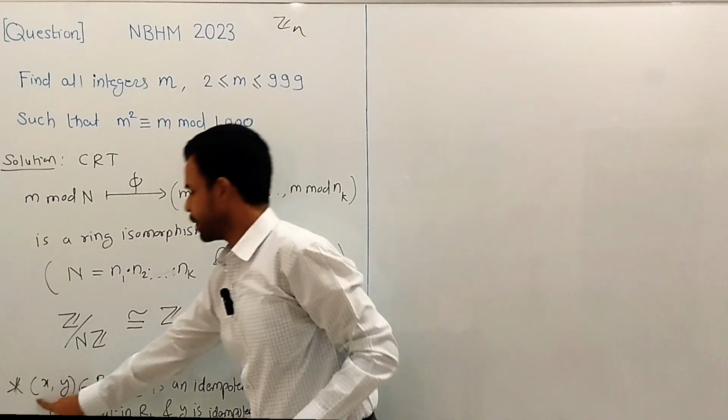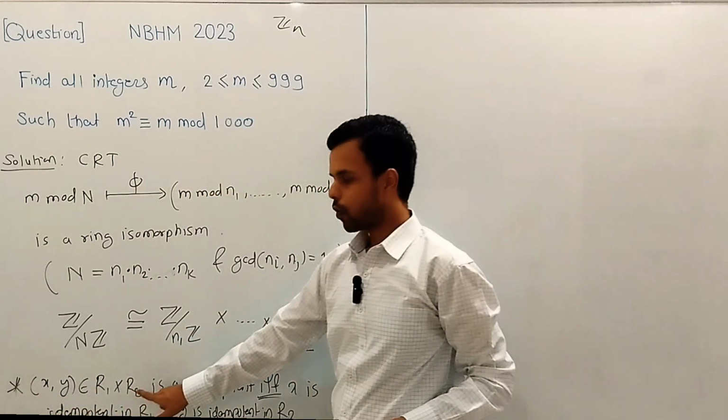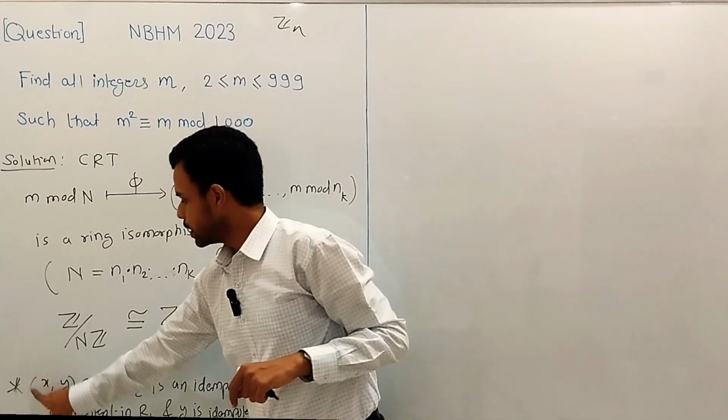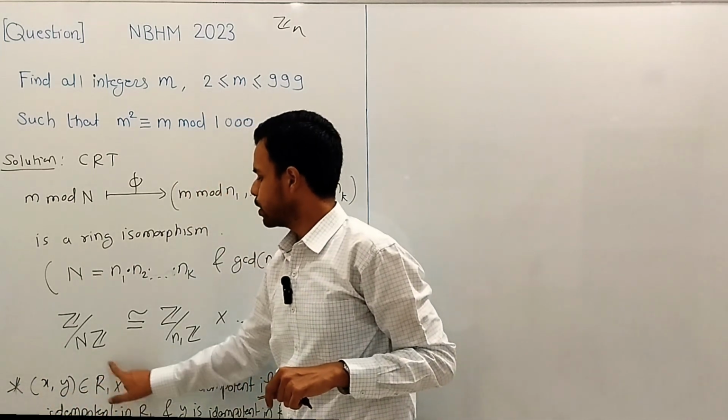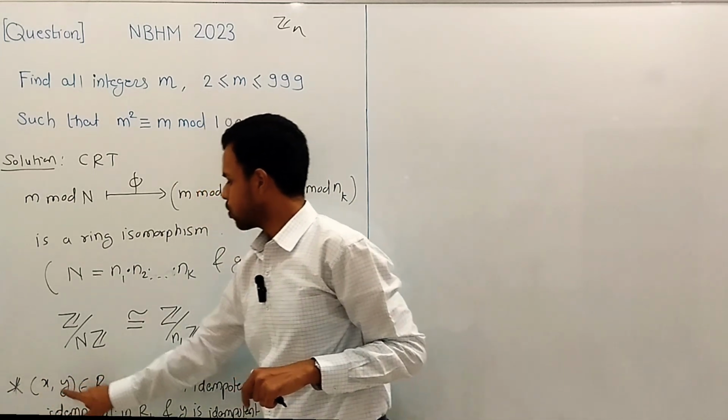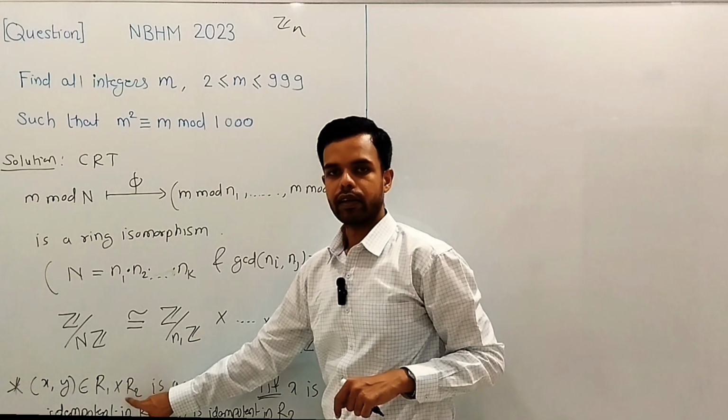This element in the direct product of rings is an idempotent if and only if the first coordinate is an idempotent in the first ring and the second coordinate is idempotent in the second ring.